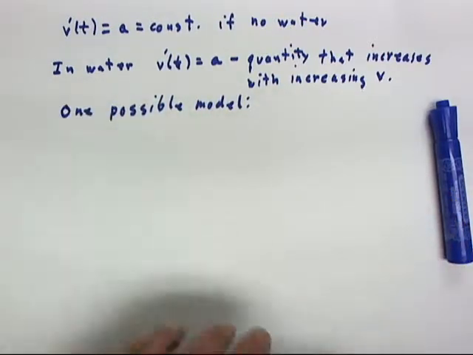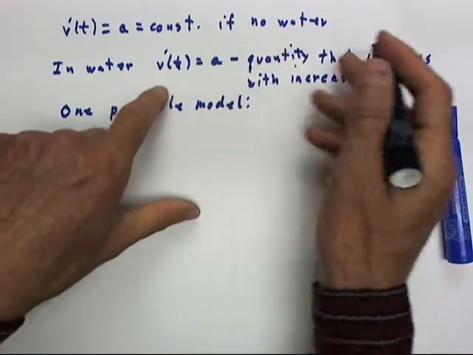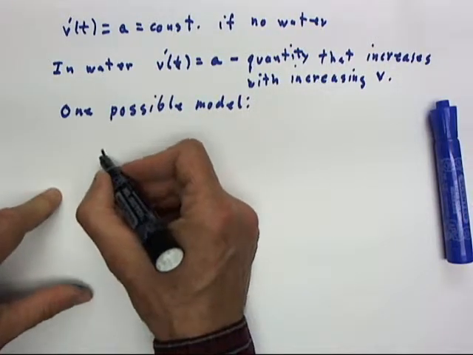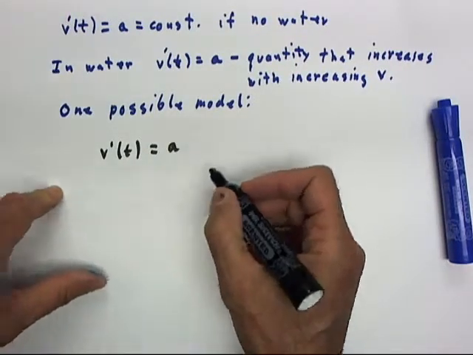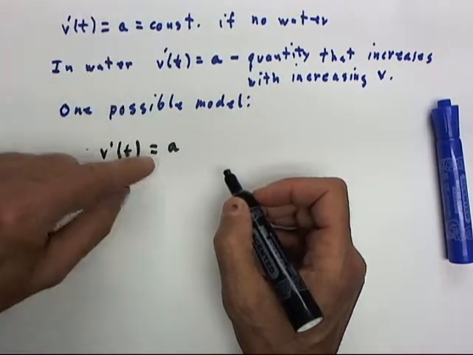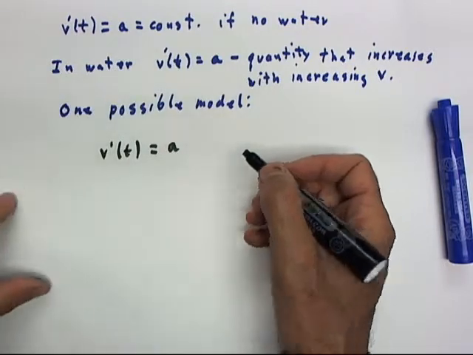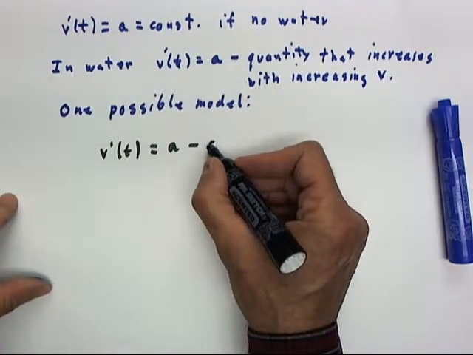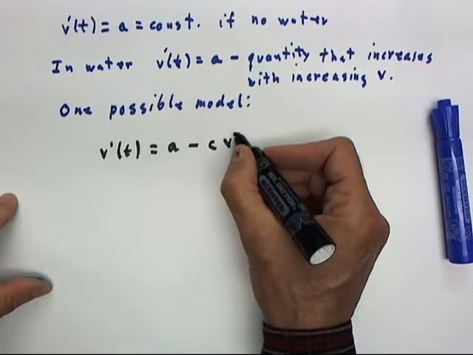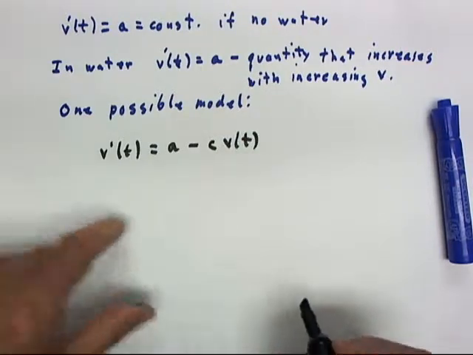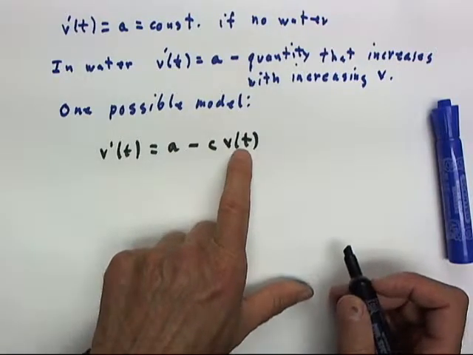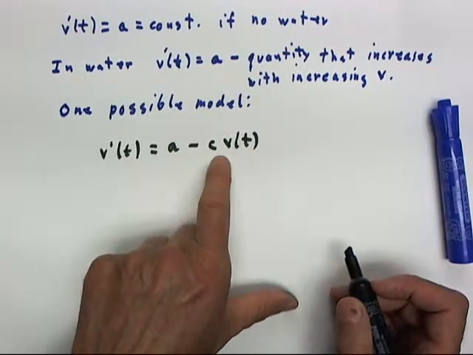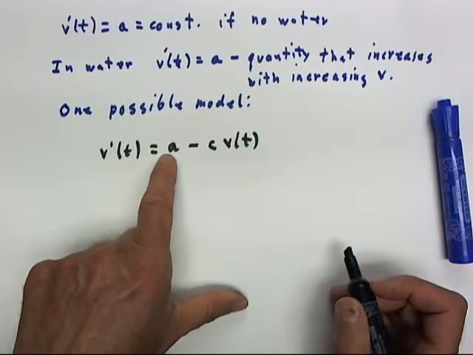So one possible model of this type would be v prime of t equals a, the acceleration that the ball would have if there was no water, minus some constant c times v of t. So that we see that the faster the ball moves, the greater this term that we're subtracting from a.